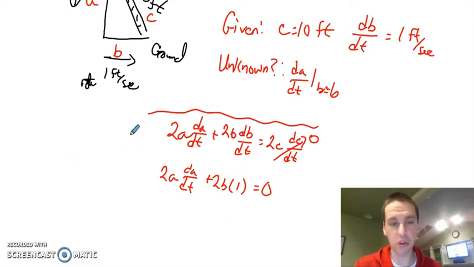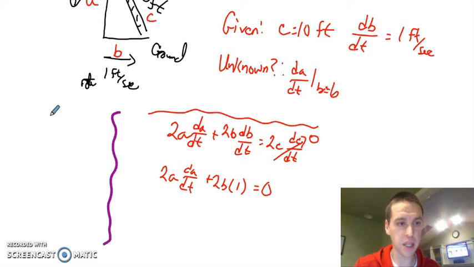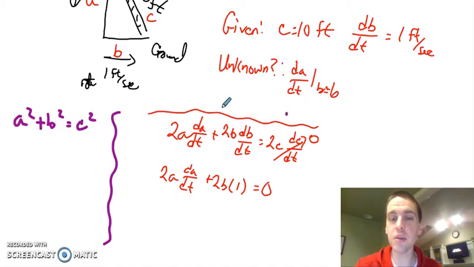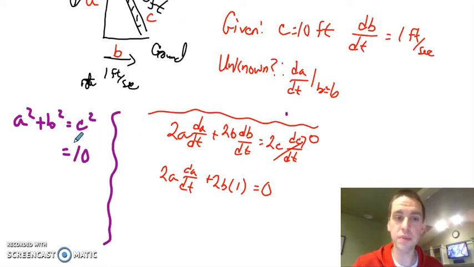So we kind of go over to the side. So I'll go over to the side here. I need to know what a and b are when b equals 6. So I'm going to have a squared plus b squared equals c squared. I'm going to plug in what I know. I know c is 10, that's the length of the ladder, and I need to know a when b equals 6.